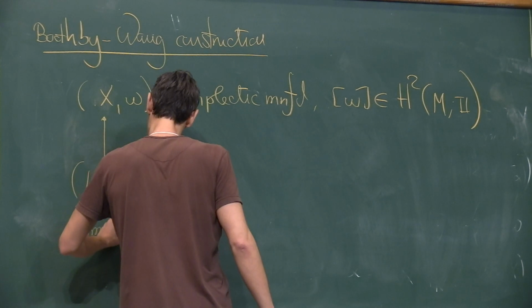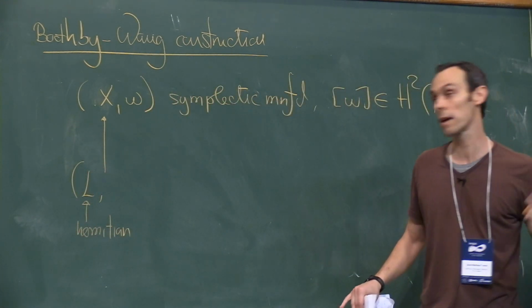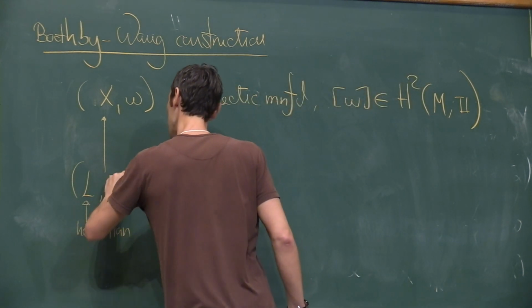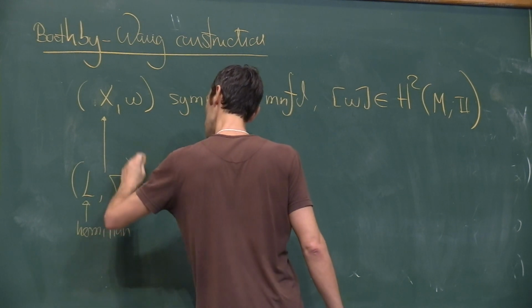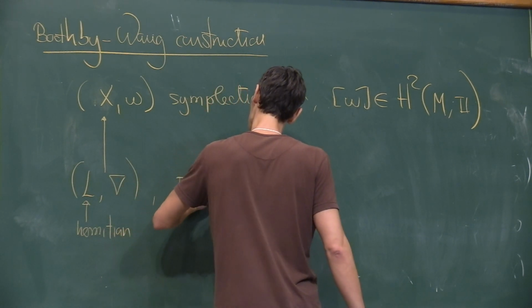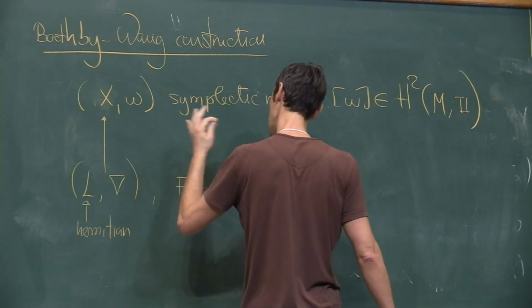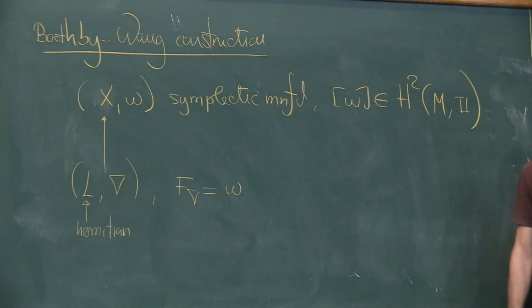So there is a Hermitian inner product on the one-dimensional complex fibers. And on top of that, you can choose a connection form compatible with the Hermitian structure such that its curvature, up to normalization, is the given symplectic form.